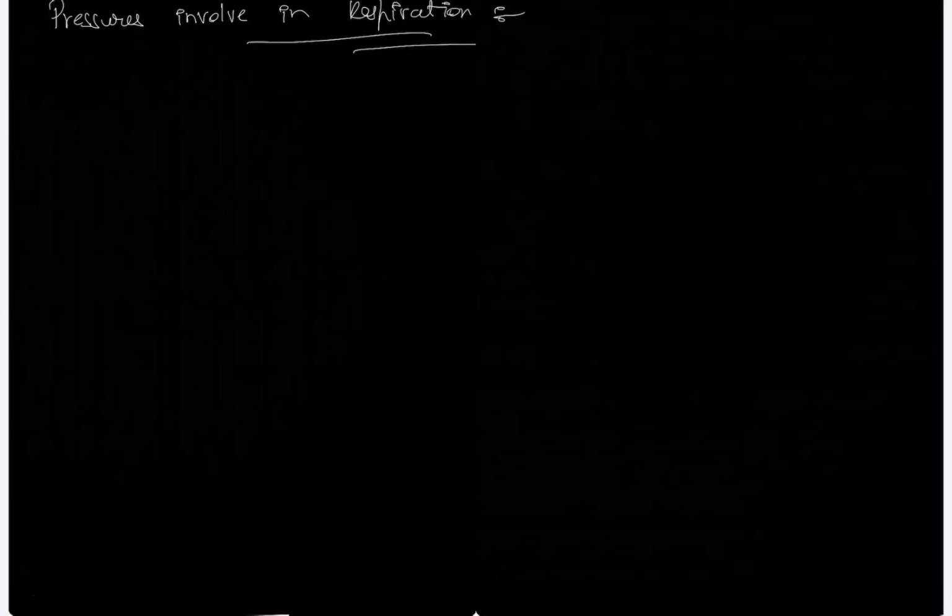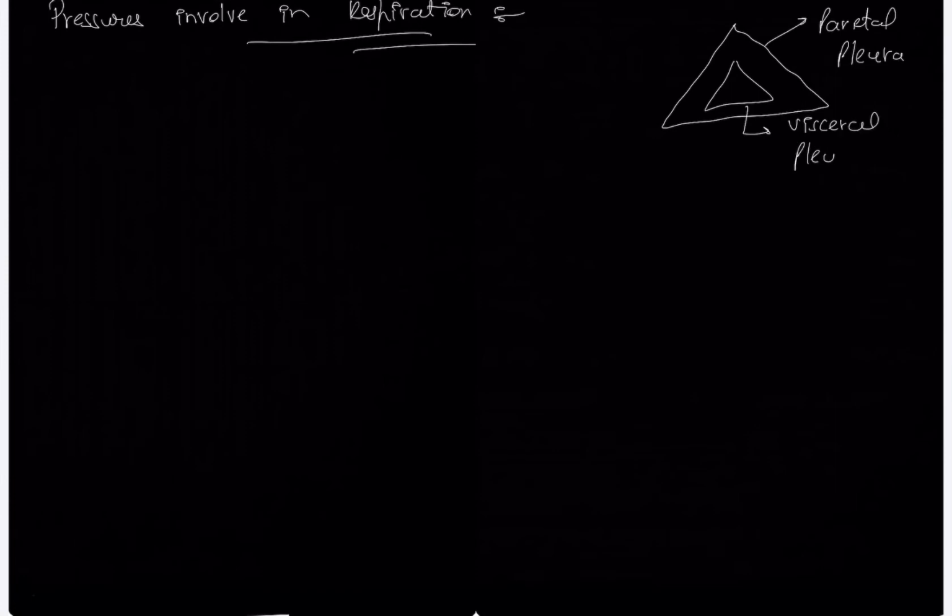As we all know, in our lung we have basically two pleura. The outer one is the parietal pleura, and the inner one is what? Visceral pleura.